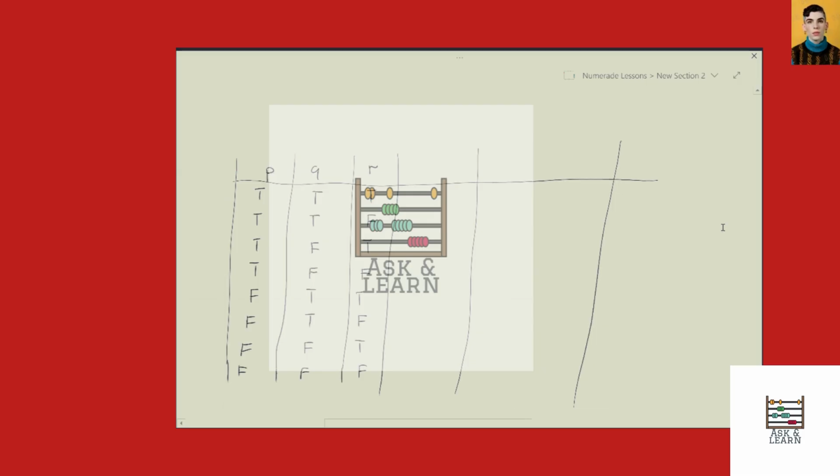The next one is P or Q, or the negation of R. So here we'll create the negation of R. So this will be false, true, false, true, false, true, false, and true. Okay, then let's look at P or Q here.